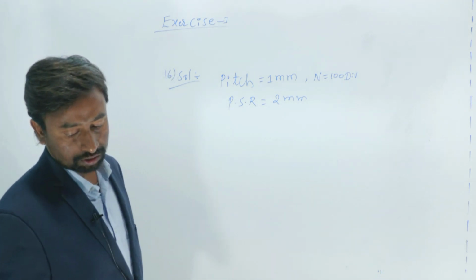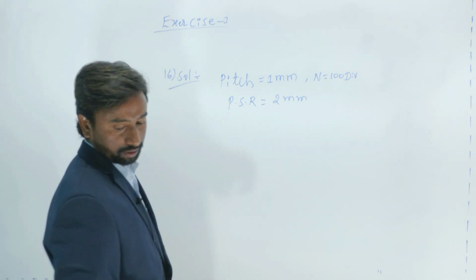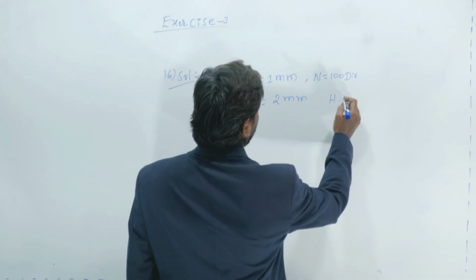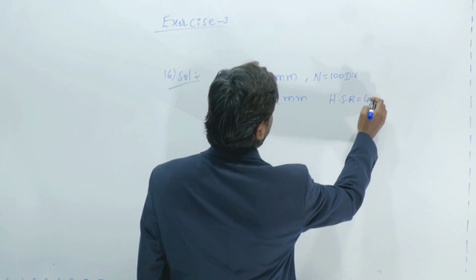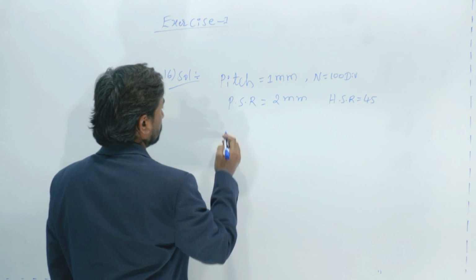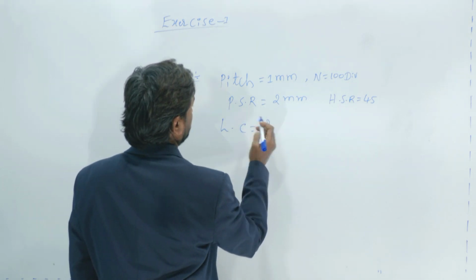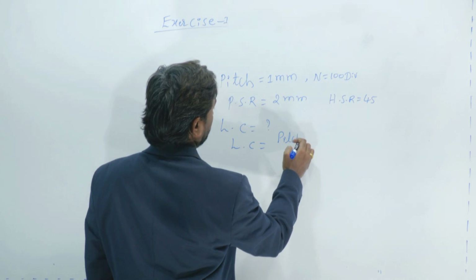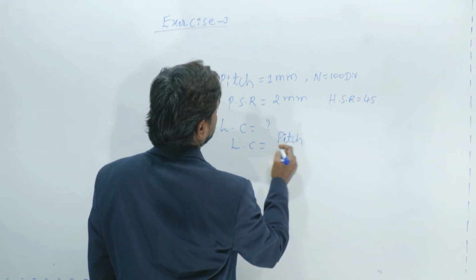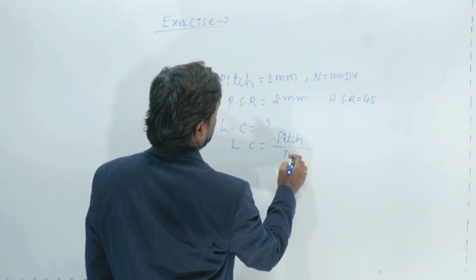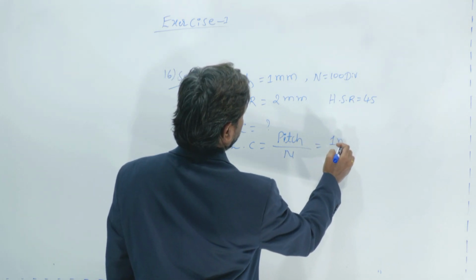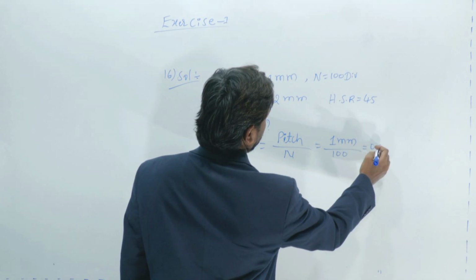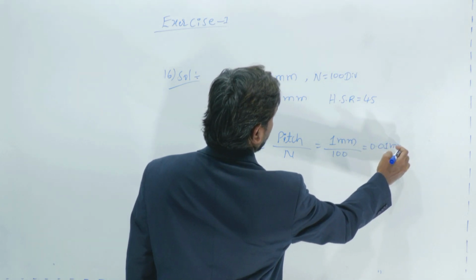And they are asking the least count. HSR is given here, 45. We should find out the least count. The formula is least count equals pitch divided by the number of head scale divisions. So pitch is 1 mm divided by 100 divisions, we'll get 0.01 mm.